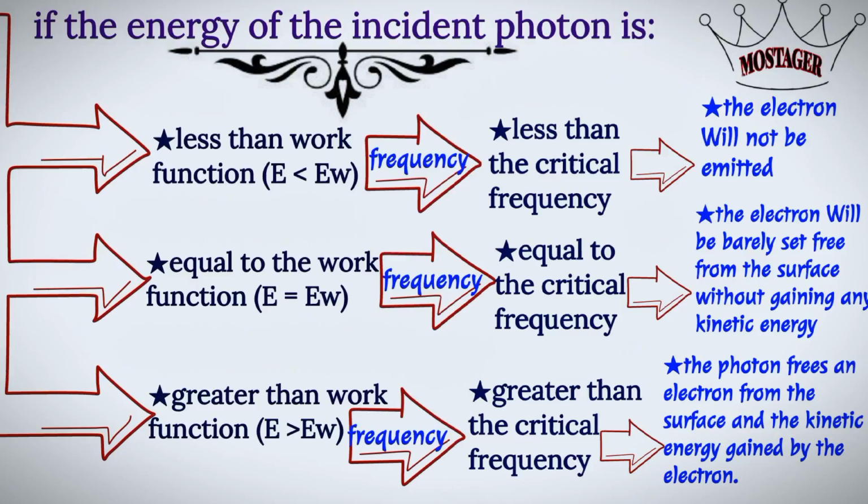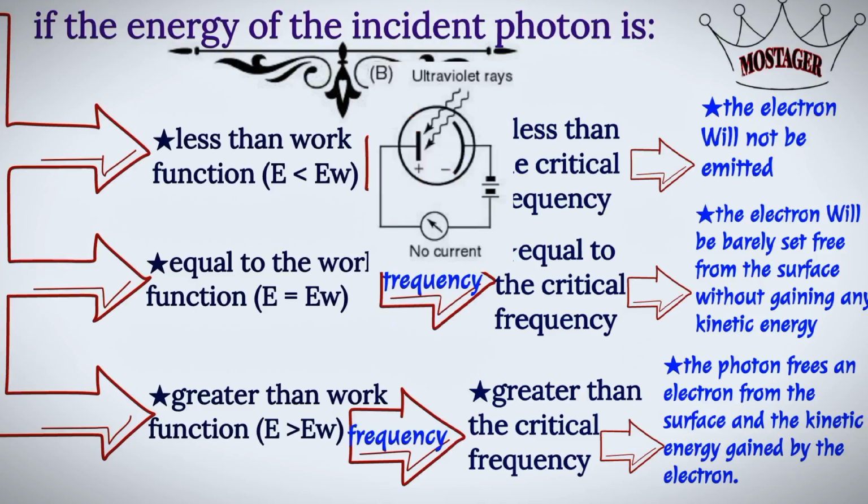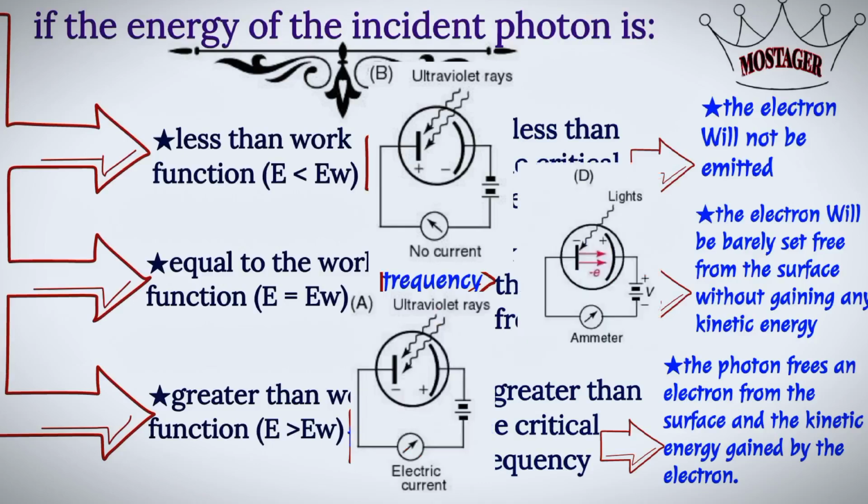Okay, we'll summarize these states. State number 1, when the frequency is less than the critical frequency, the electron will not be emitted. State number 2, when the frequency equals the critical frequency, the electron will be just barely set free from the surface without gaining any kinetic energy.